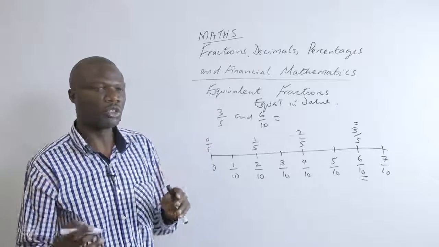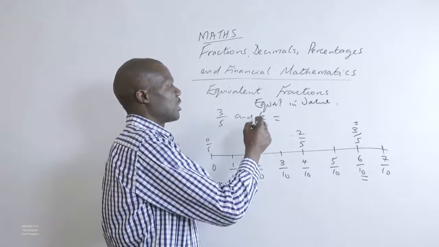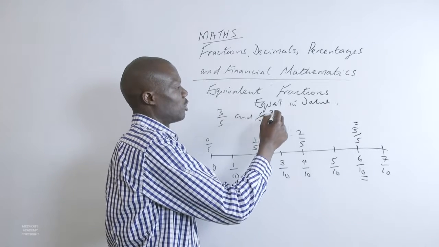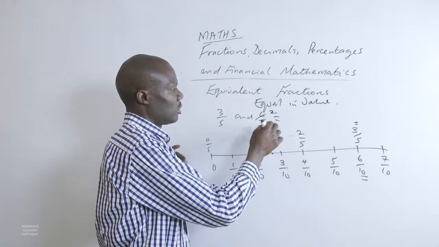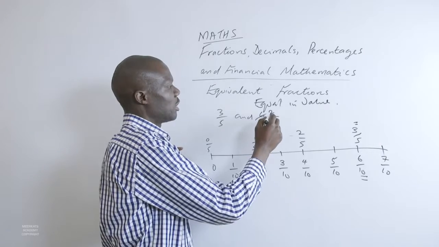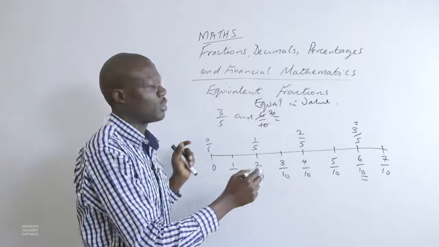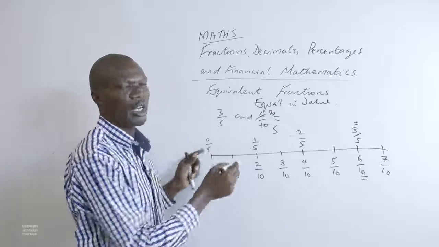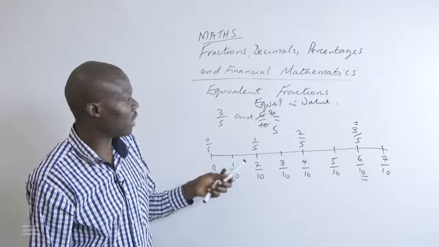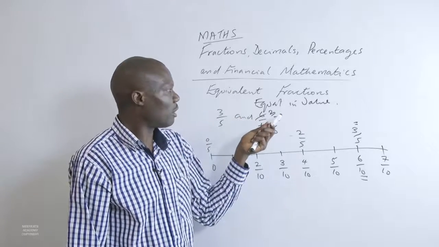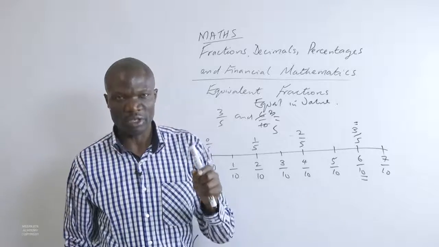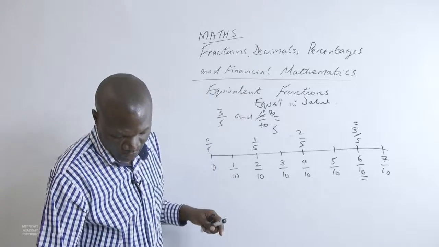When you choose to simplify 6/10, 6 divided by 2 you get 3, and 10 divided by 2, you get 5. So it is equivalent to 3/5. That is an equivalent fraction. It can be shown on what we call a number line.